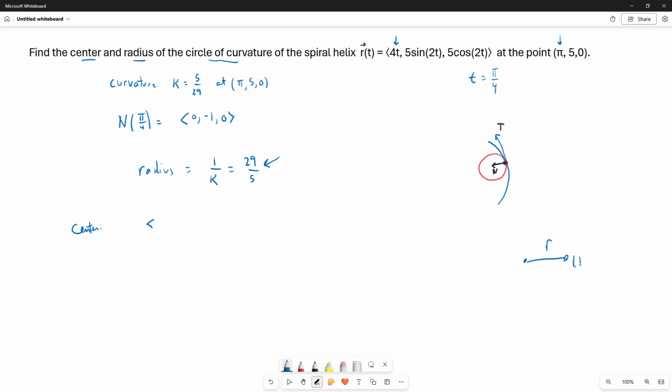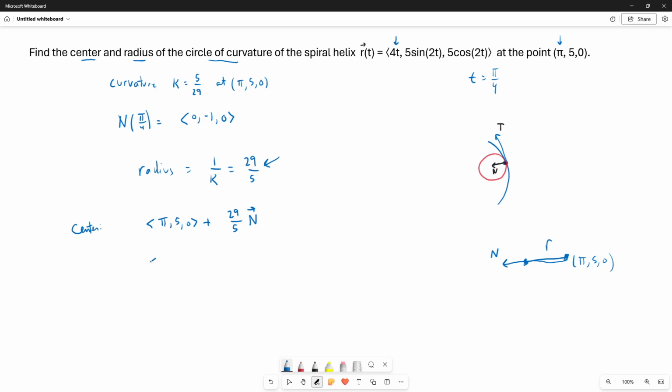This one is the point (π, 5, 0), and this point we want to figure out is along the vector N. It's a point on this vector if we write the vector emanating from (π, 5, 0). So the center will be (π, 5, 0), which I'll write in vector form, plus this distance, 29/5, times this normal vector, N.